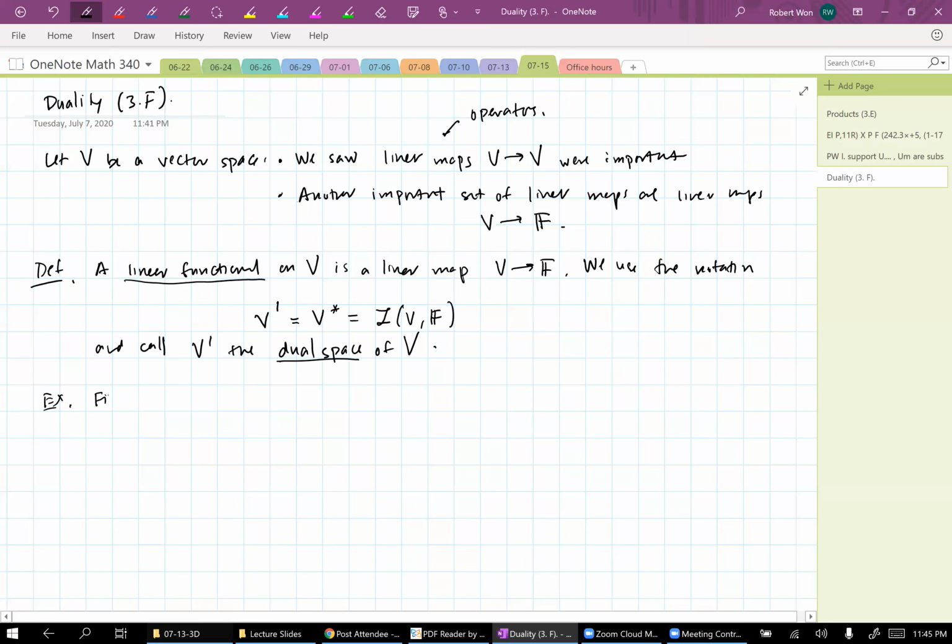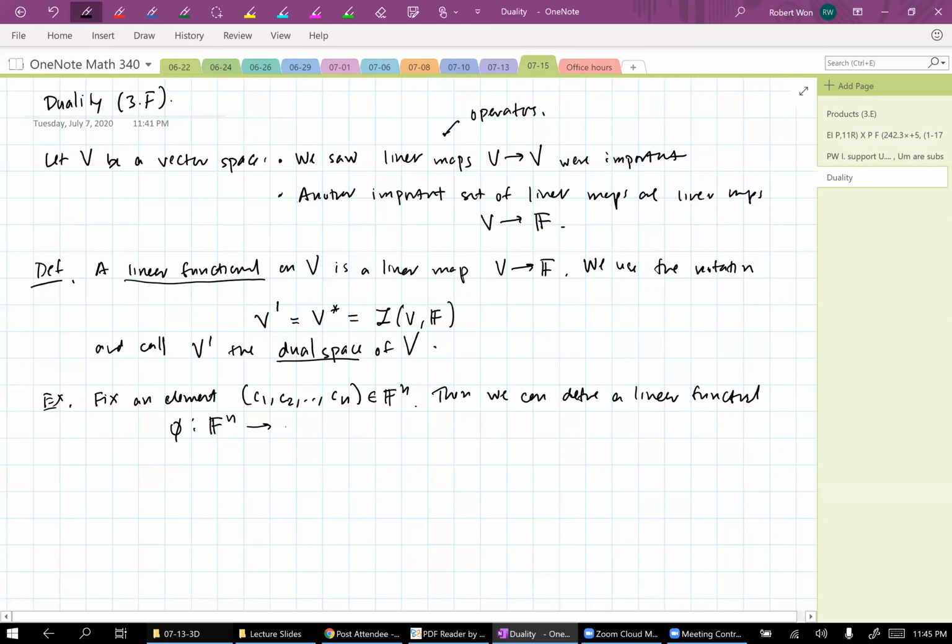Let's fix an element (c1, c2, up through cn) in F^n. Then for each element, we can define a linear functional, an important one. Let's call it phi. So what's a linear functional?